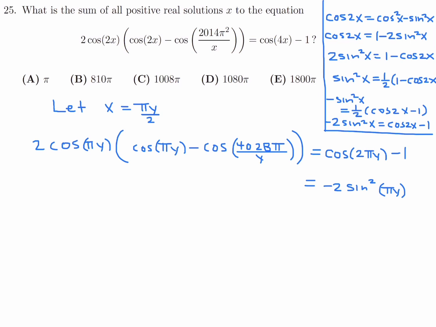On this side, we can start multiplying this out. It's going to be 2 cos squared pi y and minus 2 cos pi y cos 4028 pi over y, like that. And we can now divide through by 2 and then put the cos squared and the sine squared on one side.